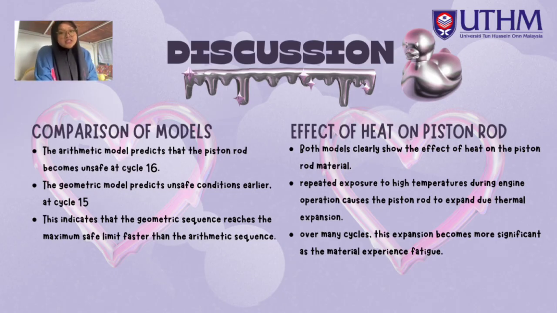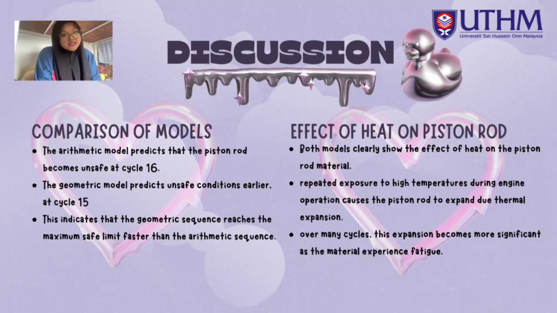For this discussion, we focus on two main parts: model behavior analysis and factors affecting the result. First, for the model behavior analysis, the arithmetic model shows a steady and uniform increase in the piston rod length. This means the heat effect is assumed to be constant in each cycle.